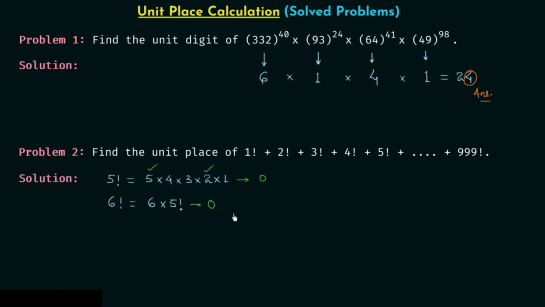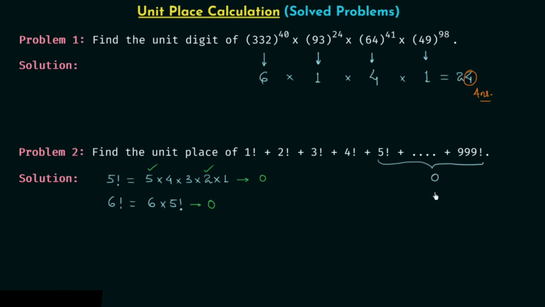Similarly, 7 factorial, 8 factorial, all the way to 999 factorial will have the 0 at the end. This means they will have 0 at the unit place. So we can say that 5 factorial plus 6 factorial plus 7 factorial plus all the way to 999 factorial will give us 0 at the unit place.